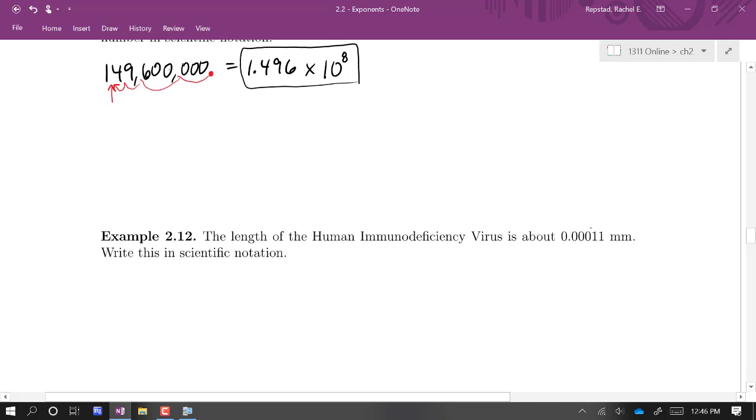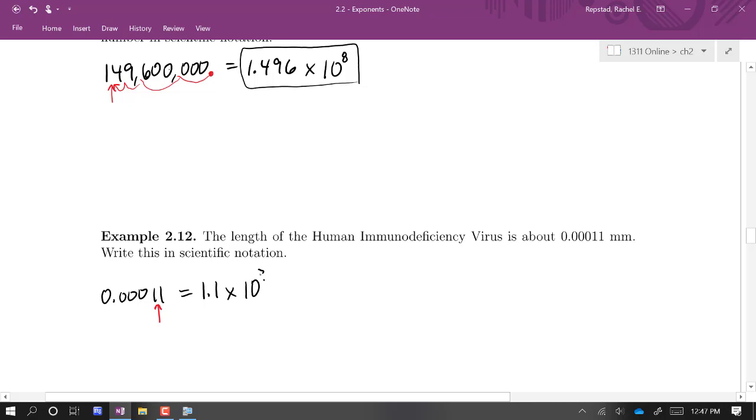Here's another example. They give us a very small number, 0.00011. So again, I'm just going to think about where do I have to put the decimal point to get a number that's between 1 and 10. And the only place I could choose is right there between those two ones. 1.1 times 10 to some power, right?